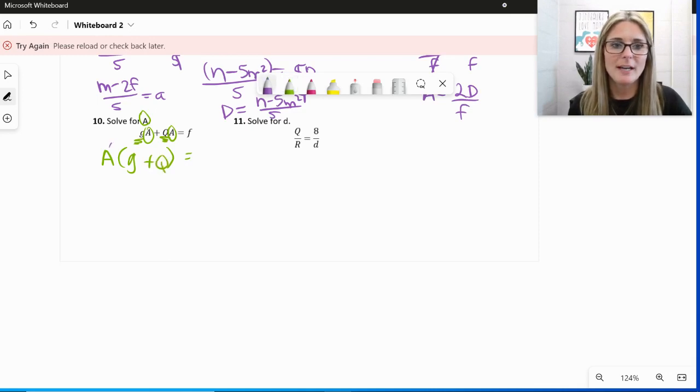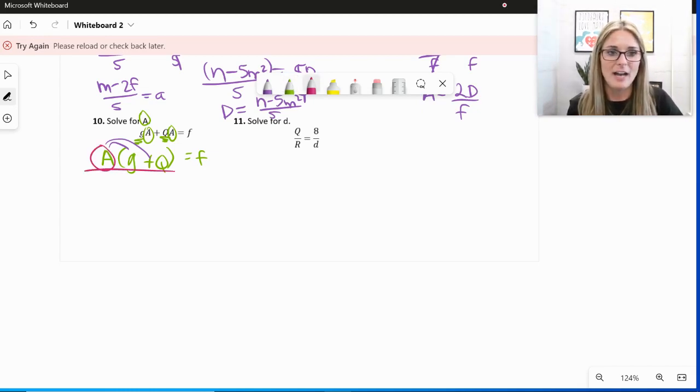Right? If you were to distribute, those would multiply back, GA and QA, when we did distributive property. So this is completely legal mathematics. And then on the right, we have our F. Now, what were we solving for? The A? Okay, now we have just one A. Life is so much better. So let's finish working this one. We were solving for A. Let's divide away this quantity of G plus Q on both sides.